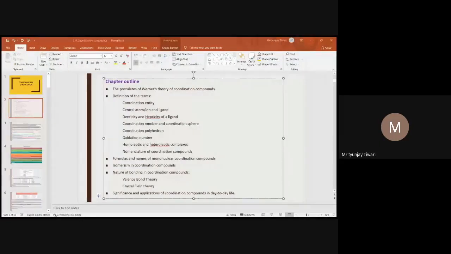So here as well, how many atoms are directly linked to the cobalt, the central metal or central ion, is called the coordination number. Two chloride ions form a bond with the cobalt, and four ammonia molecules through nitrogen form bonds, so four nitrogen atoms are in direct contact with the cobalt. So 4 plus 2, that is 6, is the coordination number of this complex.